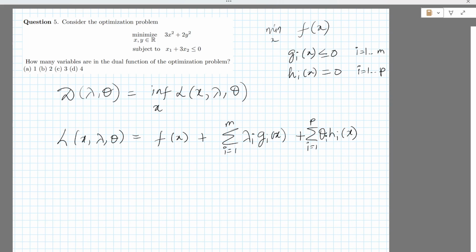So here what do we have? We have f(x), which is this, and we have one constraint, g1(x). So we will only have one variable in the Lagrangian, that is f(x) plus lambda 1 g1(x).